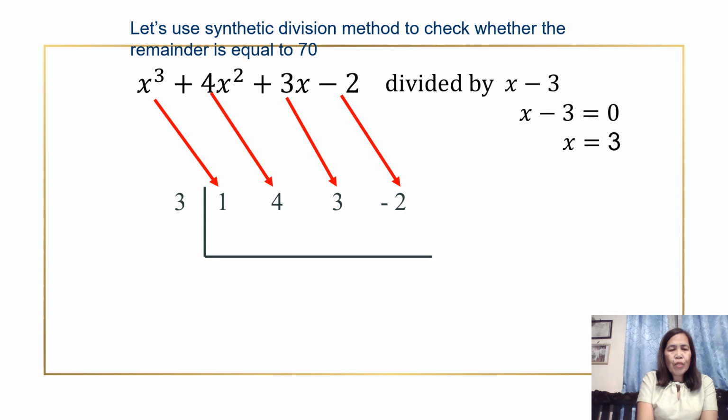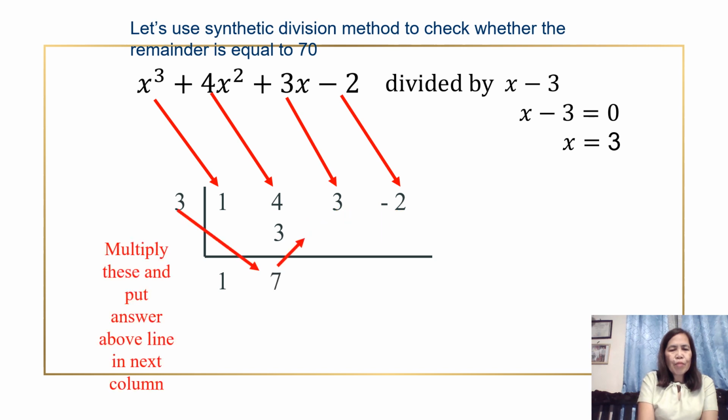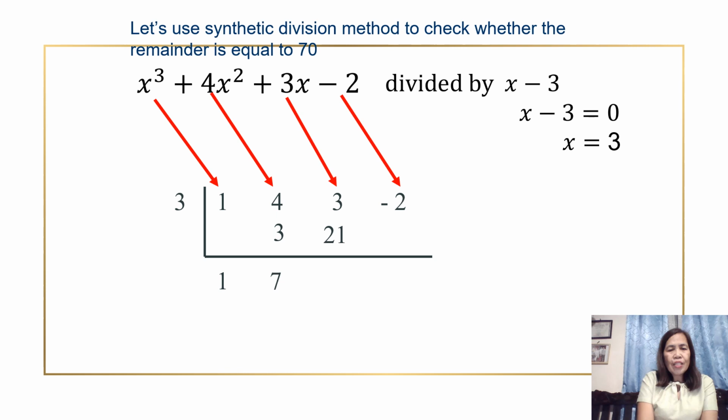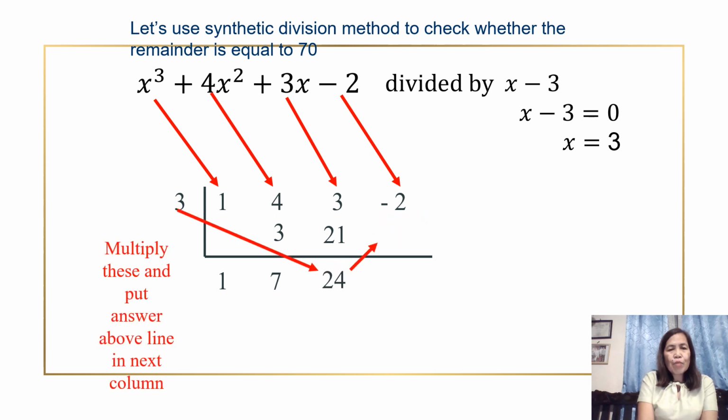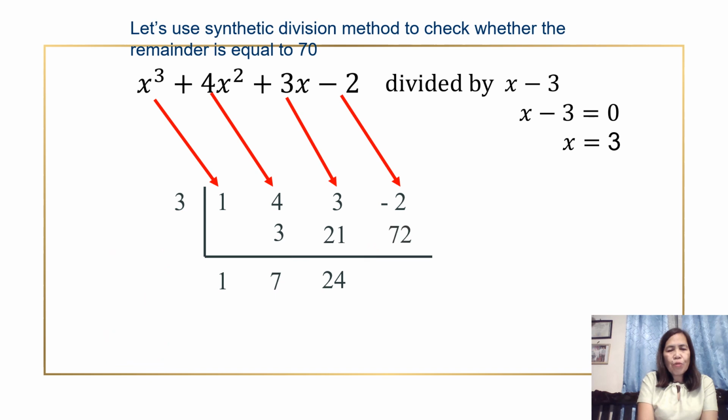Okay, bring down 1. 1 times 3 is 3. 4 plus 3 is 7. 7 times 3 is 21. 3 plus 21 is 24. 24 times 3 is 72. Negative 2 plus 72 is 70.